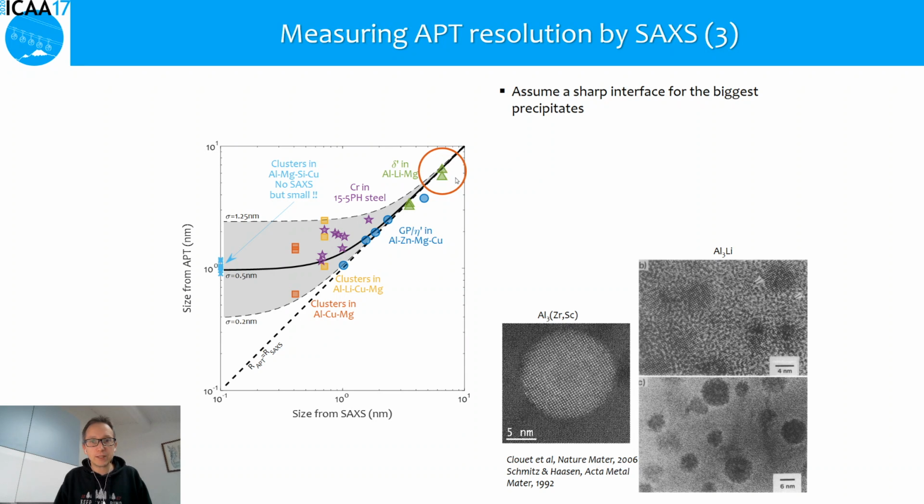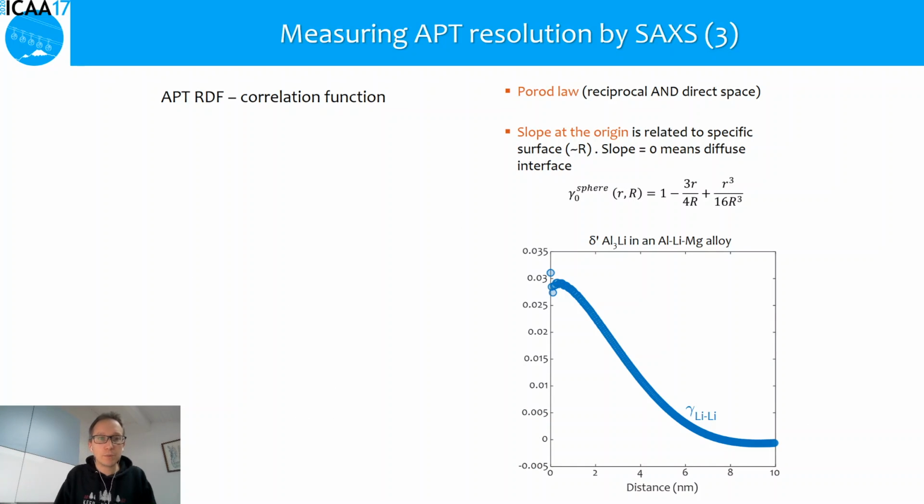On these L12 precipitates in the matrix, you can safely assume that the interface between the matrix and the precipitates is reasonably sharp. And if it's sharp, then if you compute the RDF, the correlation function, there is what us SAXS people call the Porod law, which actually is for reciprocal space, but is the same in real space.